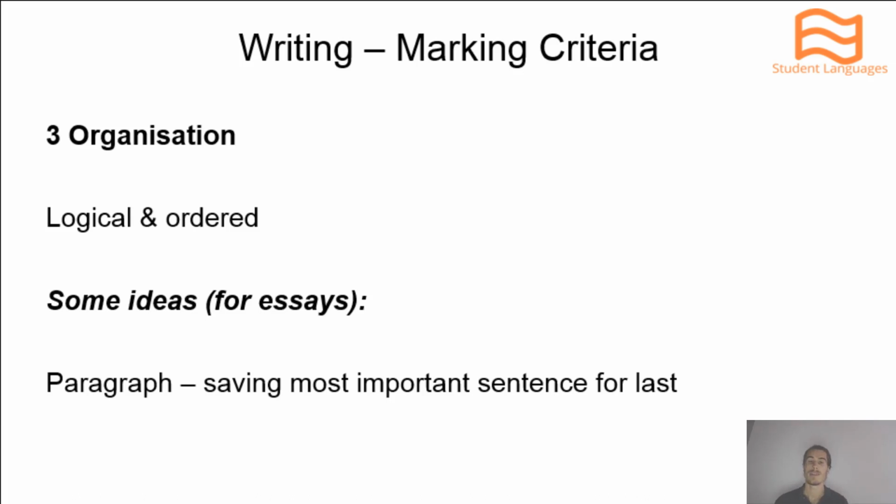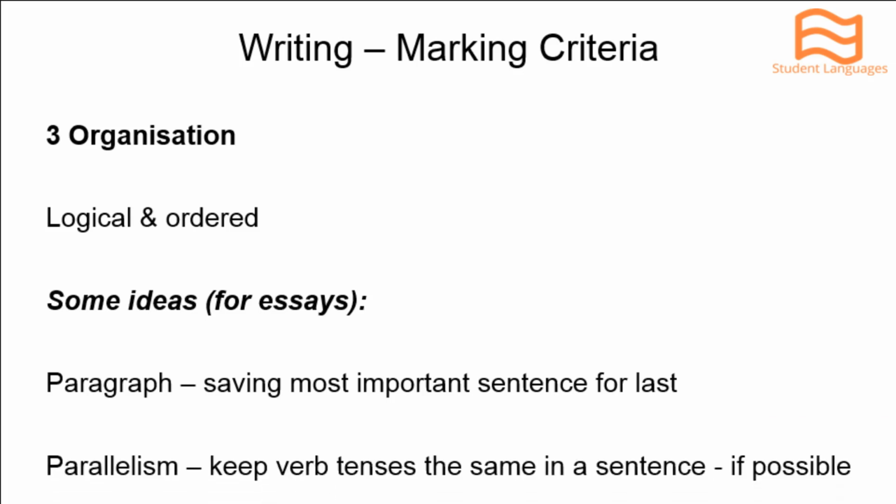You can save the most important sentence in a paragraph for the last sentence. And you can also use something called parallelism, which is where you keep the verb tenses the same in a sentence if possible. This helps with understanding and with reading and with the flow of your writing.